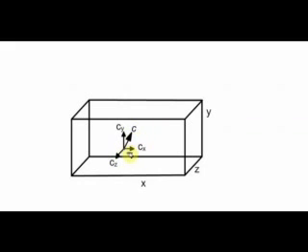The velocity of the gas molecule is c, and we have broken down this velocity into three components: along x direction cx, along y direction cy, and along z direction cz. So the kinetic energy due to the velocity along x direction would be half m cx square, along y direction half m cy square, and along z direction half m cz square. Here m is the mass of one molecule.